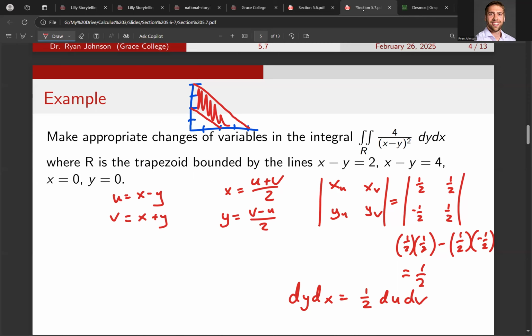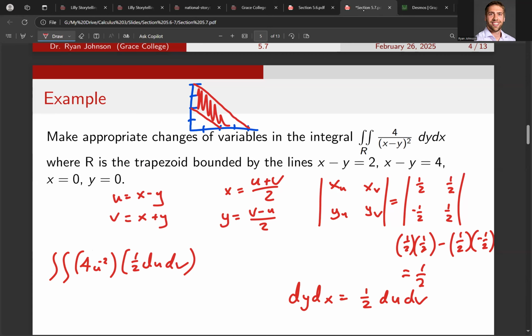So when we substitute into that integral, we get the integral of 4 over u squared, which is basically 4 u to the negative 2. But then we'll also multiply by 1/2. So when we substitute for the dy dx, we get 1/2 du dv.